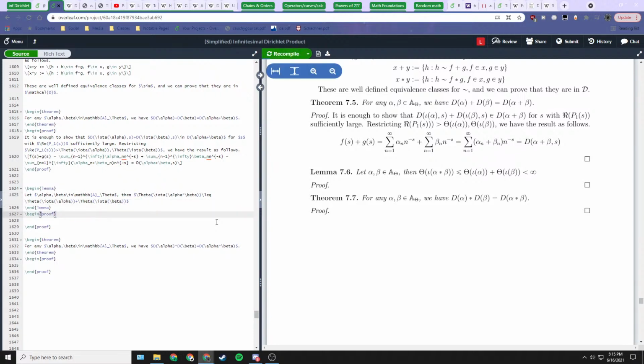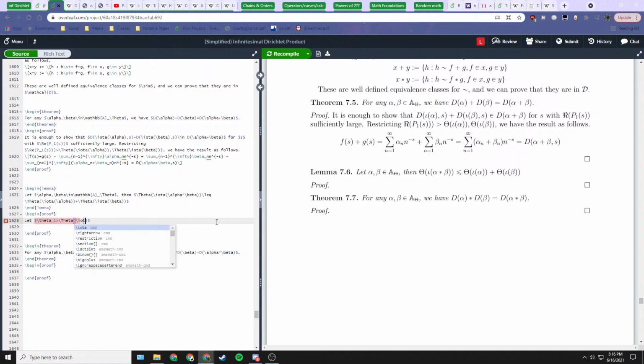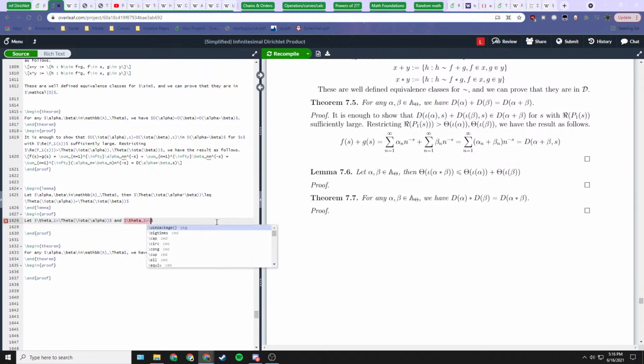Okay, so essentially the way that we'll do this is we'll say let theta 1 be greater than theta of iota alpha, and theta 2 be greater than theta of iota beta.